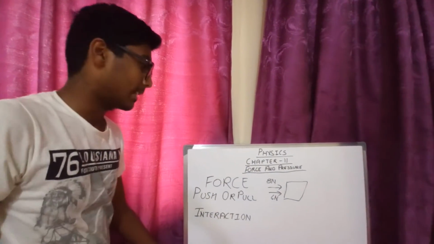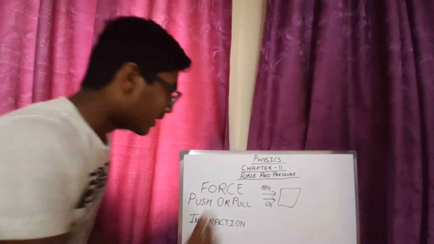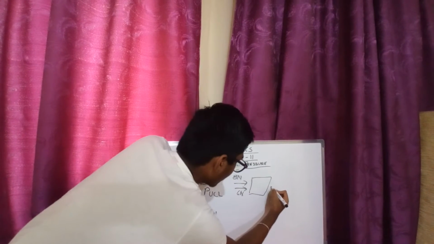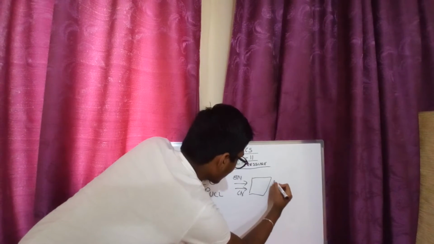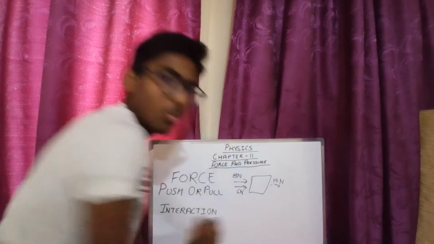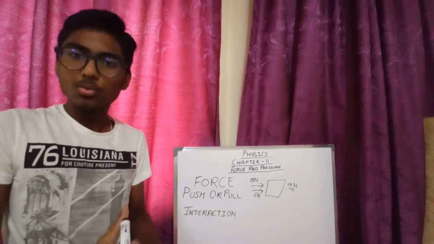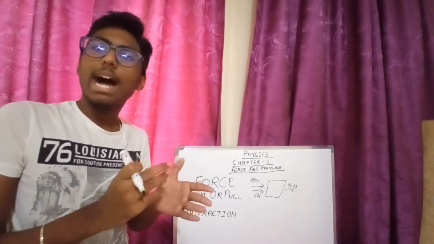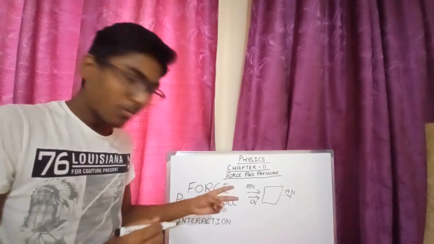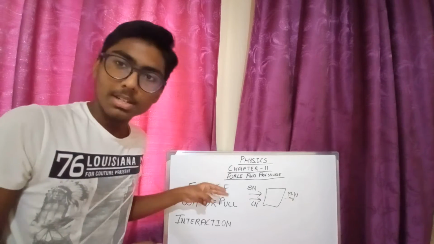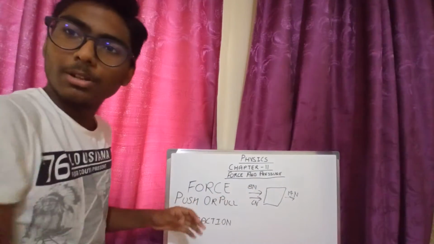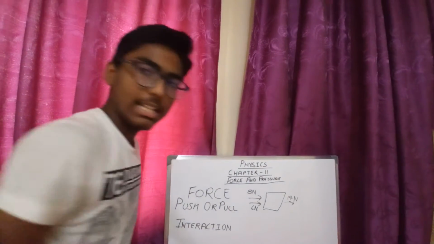What is the total force going to become? It will become 14 newtons. Why is it? Because whenever two forces are acting in the same direction, the forces get added. In here, the two forces acting are going to the right hand side. Because of this, the 8 newtons and 6 newtons get added up and it becomes 14 newtons.